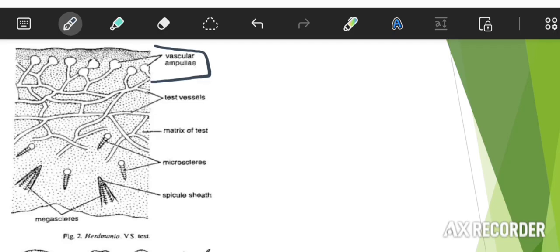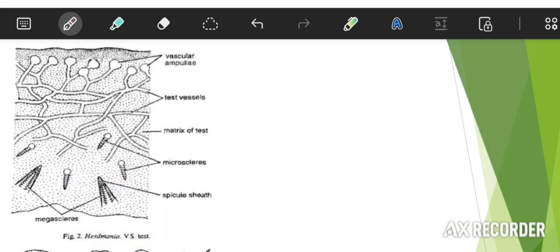These are certain knob-like structures which are present here. These are the test vessels present in the test, and if you see here, the terminal endings of these vessels are the vascular ampullae, the terminal endings of blood vessels.